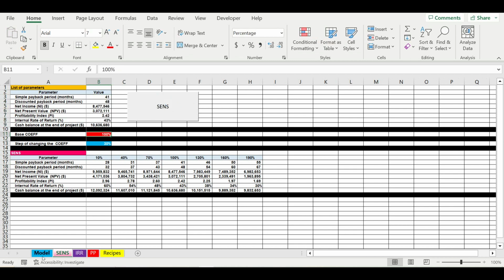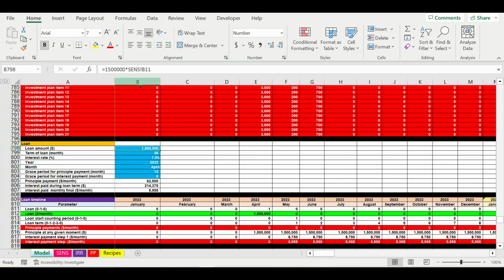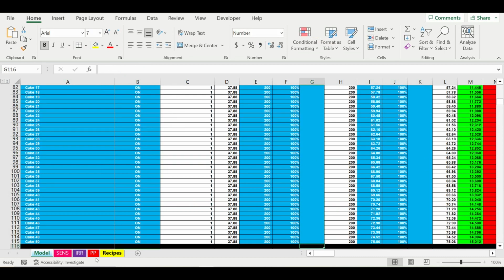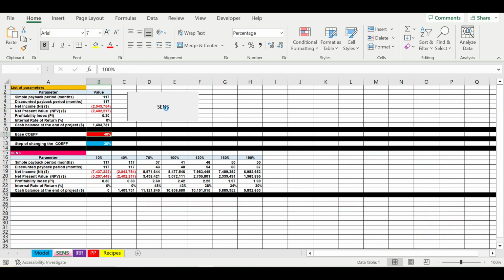Also, they are traveling along the model, adding this coefficient to any block of inputs they would like to investigate. So they can add it to the sales plan. They are playing with steps, and with the inputs they would like to add coefficients to.